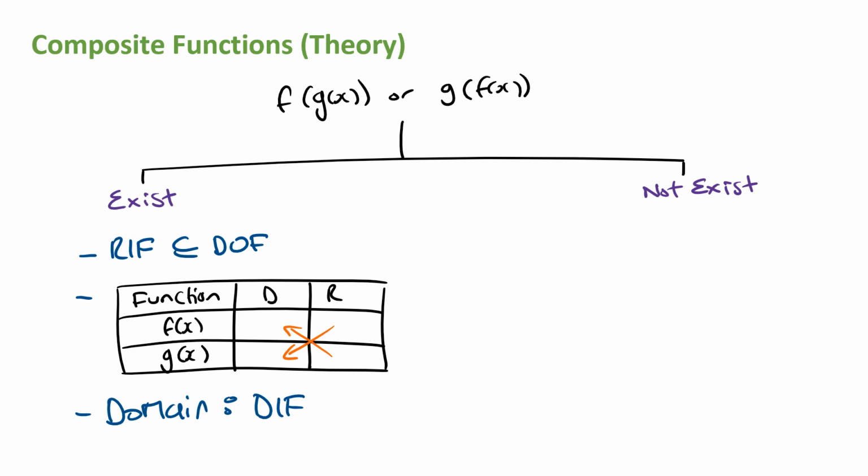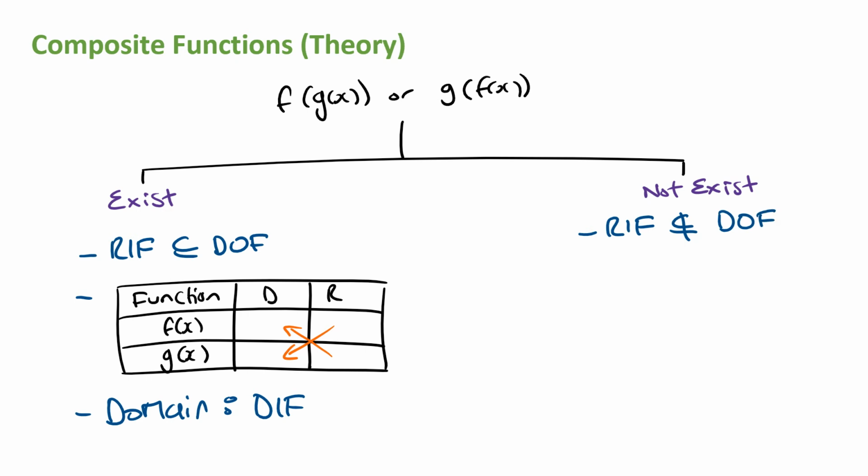If a composite function does not exist, in other words, it's not defined, then the range of the inner function does not equal or it's not a subset of the domain of the outer function.